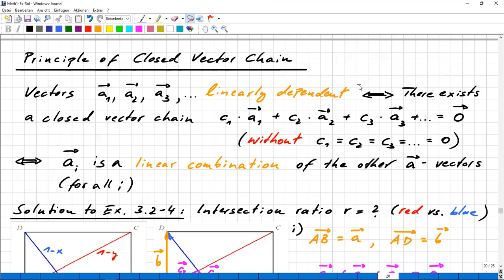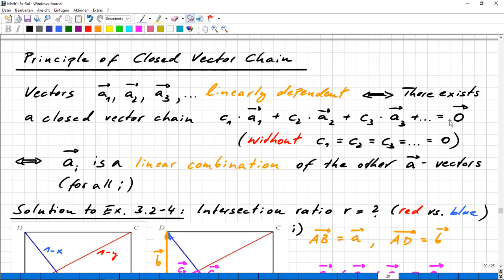This is equivalent to the proposition that there exists a closed vector chain like this, which is nothing else than a linear combination of these vectors, using all of them, equal to the zero vector. This is why it's called a closed vector chain, because this is like a round trip, performed by the use of all these vectors.